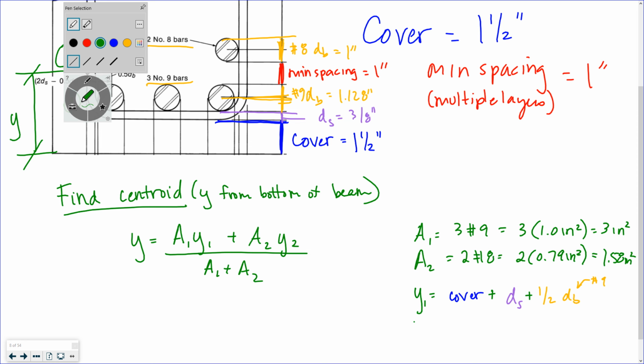So I've got 1.5 inches plus 3/8 of an inch plus 1/2 of 1.128 inches.